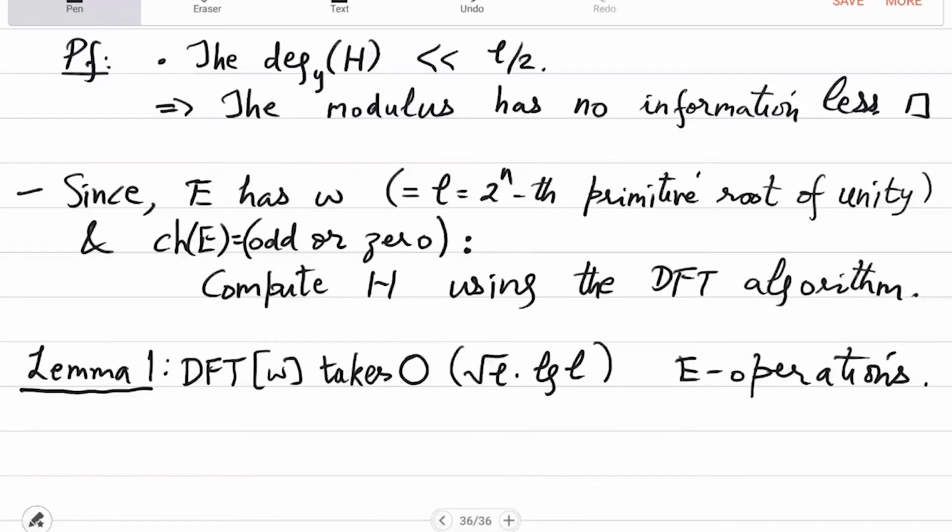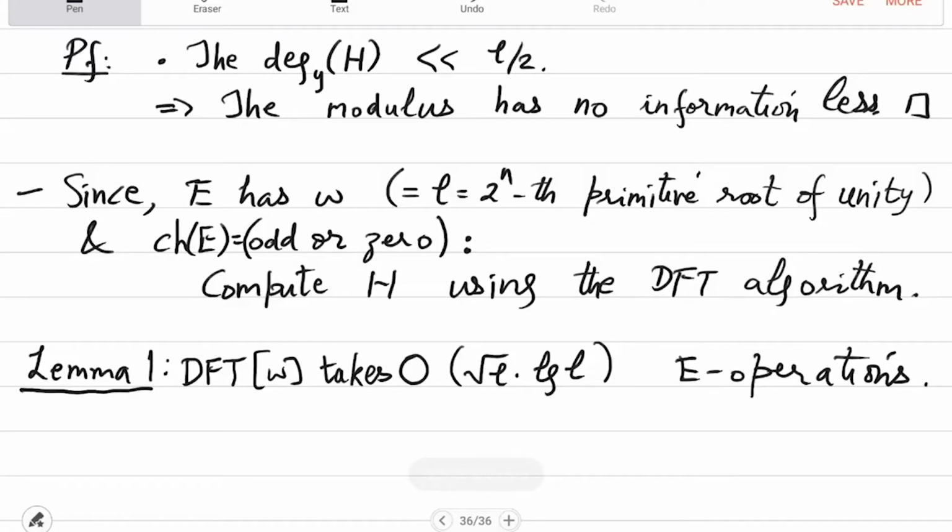And remember, the DFT algorithm was this recursive algorithm, which basically divides the polynomial into two halves, solves each half, and then combines them. So what are the E operations in that algorithm? The claim is that those operations only take square root L more.